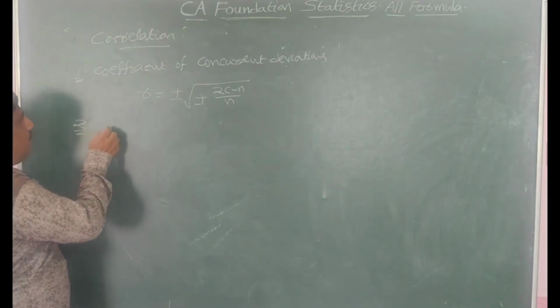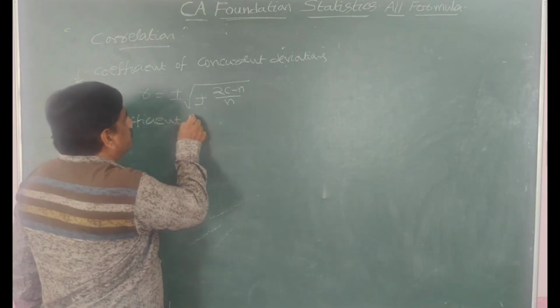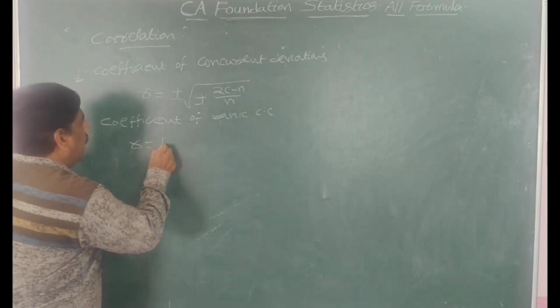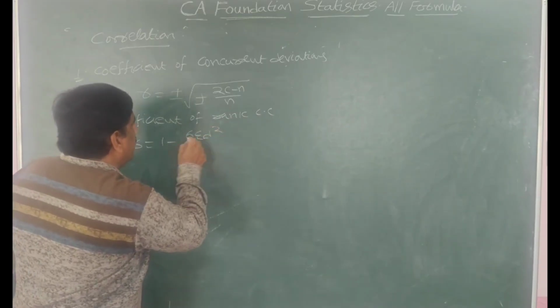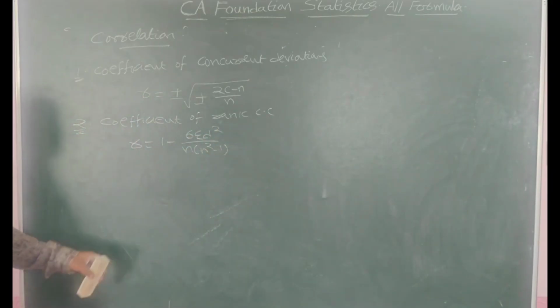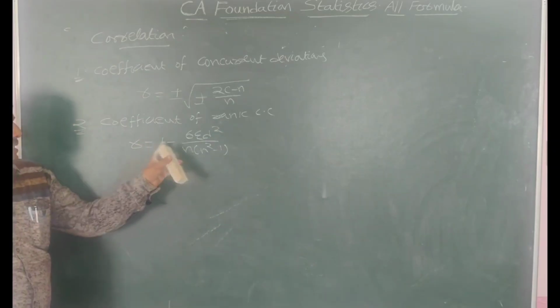Similarly, coefficient of rank correlation, the rank correlation coefficient. The formula is r equal to 1 minus 6 summation d square by n into n square minus 1. In the case of no repeated values, that means no ties, this is the formula.